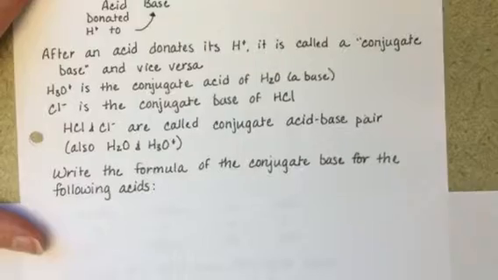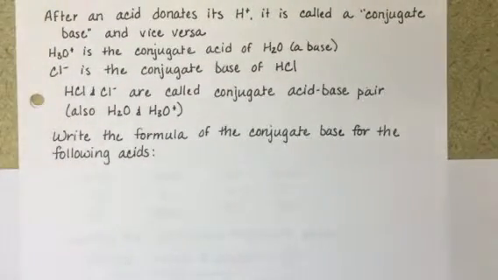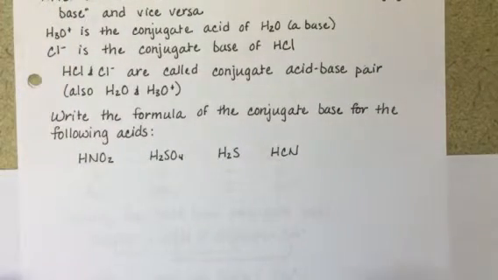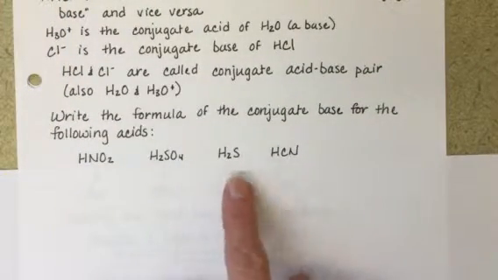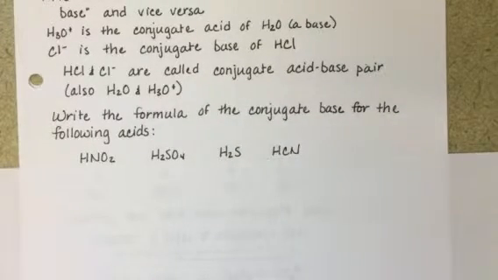One of the things you need to be able to do is look at a substance, knowing that it's an acid, and be able to write the formula for its conjugate base. So here are four acids: HNO2, H2SO4, H2S, and HCN. If you were asked to write the formulas for their conjugate bases, you would remember the definition of an acid is that it donates an H+.